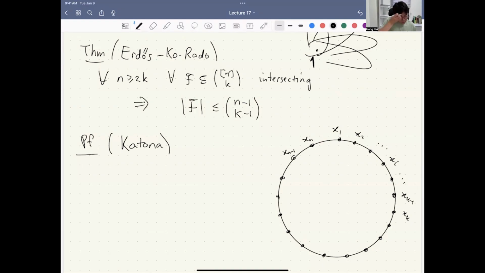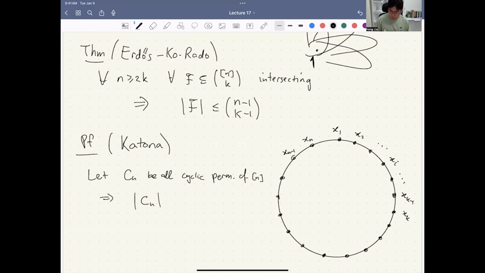So let Cn be all cyclic permutations of the ground set n. So what do we know? We know the number of cyclic permutations is n minus 1 factorial.